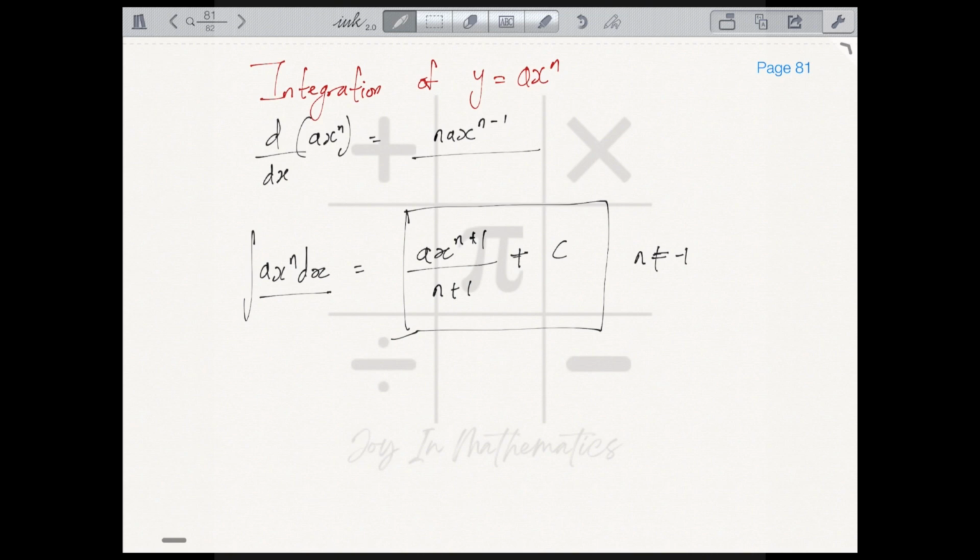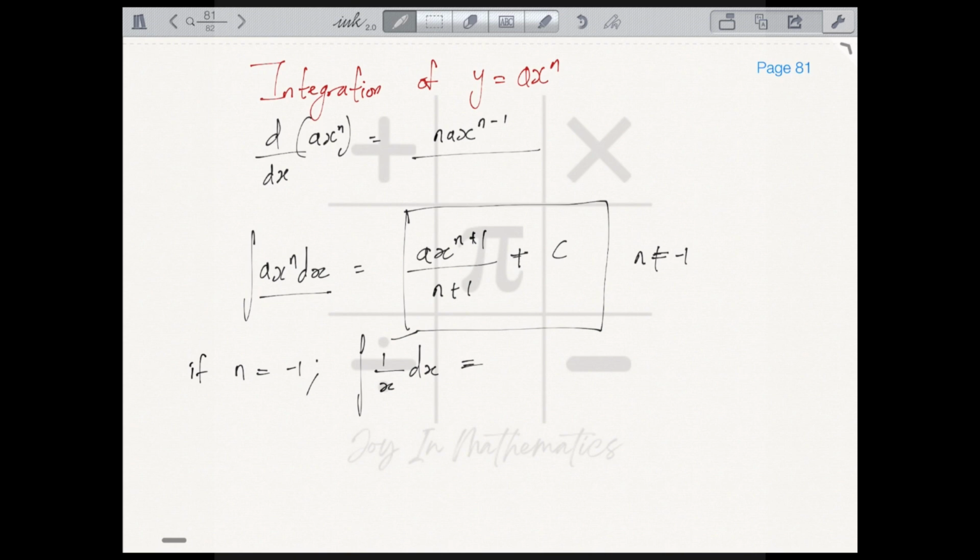Because if n is equals to minus 1, we are going to have a format of 1 over x dx, and integrating 1 over x dx will give us another thing which will be discussed later.